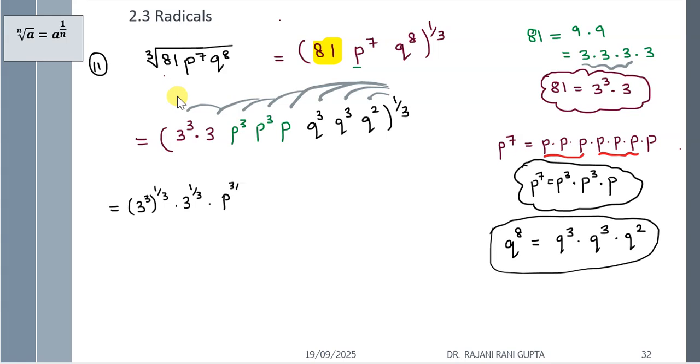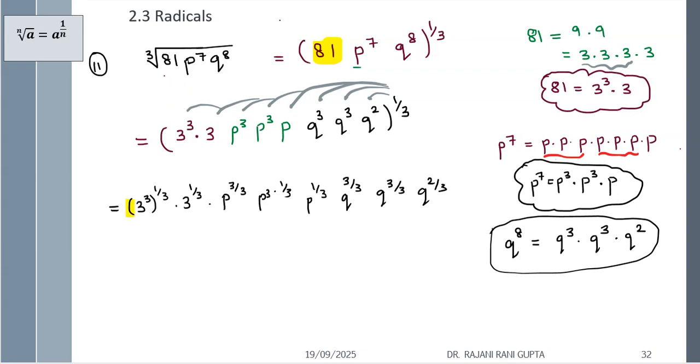P power 3 over 3 means p power 1 over 3. If you write directly, q power 3 over 3, and q power 2 over 3.